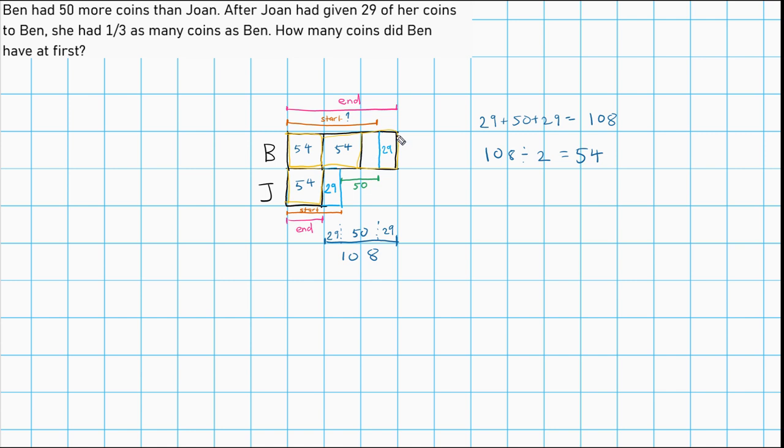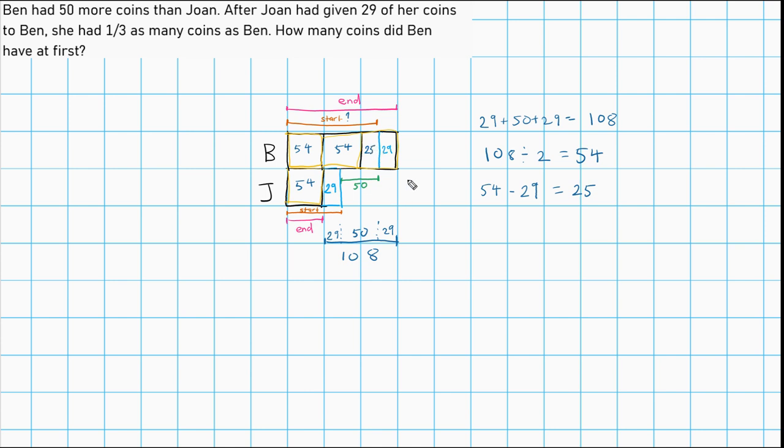So we know that one part is 54. If we take away 29, we are going to end up with 25. And that is the value of this part here.